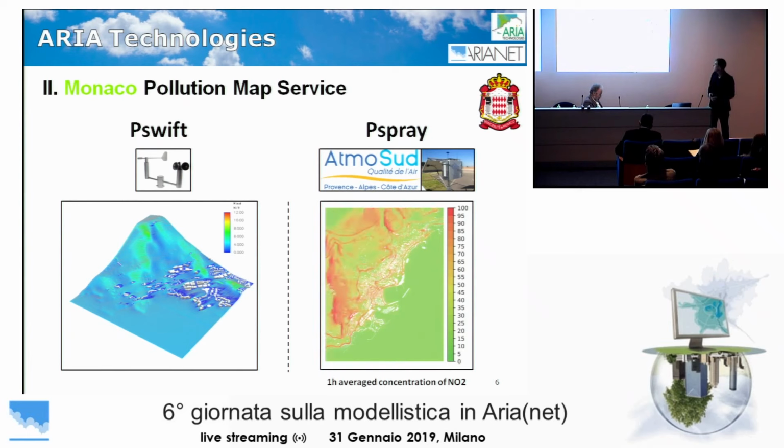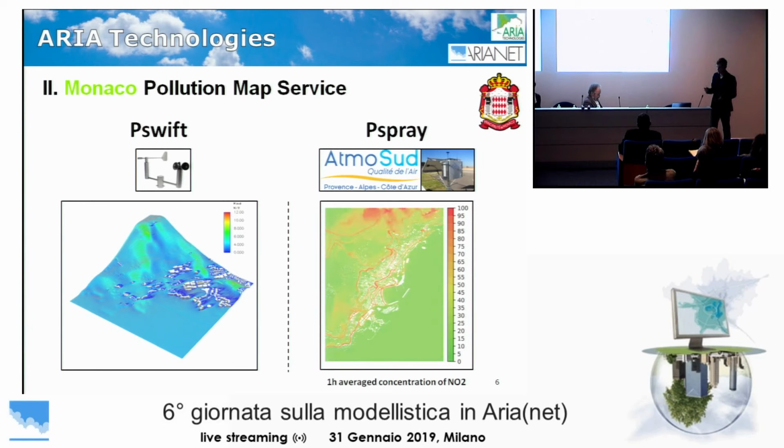The second part is PSpray, so we are using the meteorology computed by PSwift to perform a dispersion on the domain. And we are using emissions coming from Atmosud, which is the regional air quality agency working in the southeast of France.